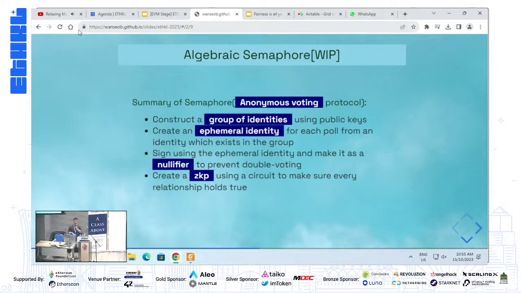And we can also keep the privacy here, because we are creating an ephemeral identity, and we also prove that the ephemeral identity is derived from the membership group without revealing what public key or private key was used to create it. This is what semaphore is doing.